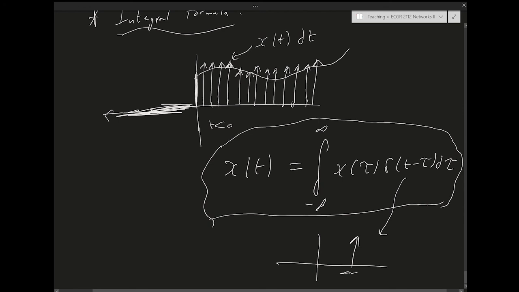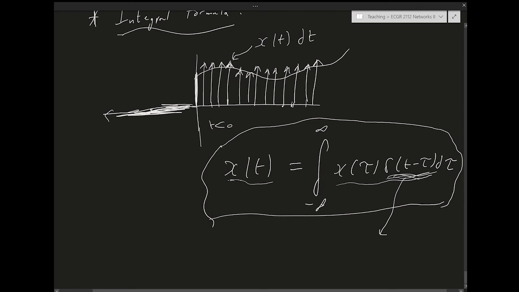Sorry, here we're integrating with respect to tau. So this is zero everywhere except at tau equals t, right? So what we get here is output is x of t, right? So this just follows from the shifting property, and this clearly shows us that we can decompose any signal as an infinite sum of impulses, of Dirac delta functions, right? So this is the picture.